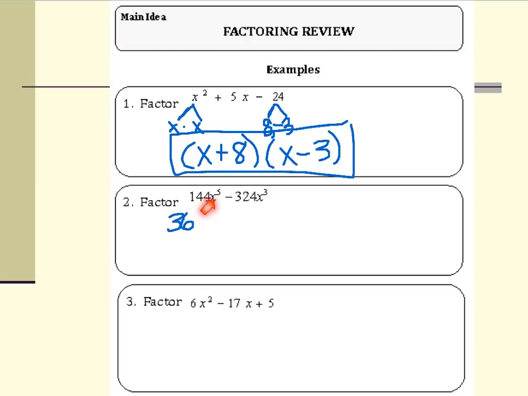Then if you look at your x's, this is x to the 5th and this is x to the 3rd. So I can take out x to the 3rd. So it's 36x to the 3rd. And now we've got to figure out what would be left over. So if you do 144 divided by 36, that's going to give you 4.